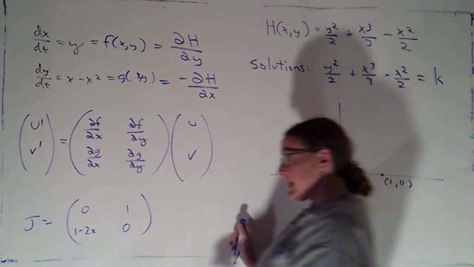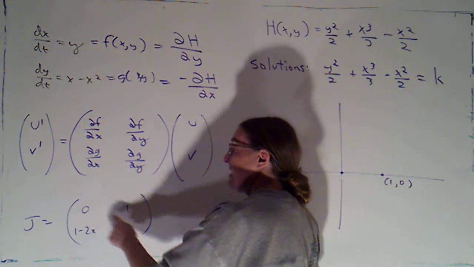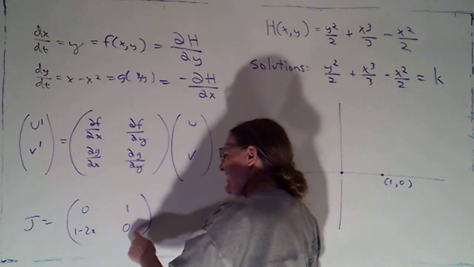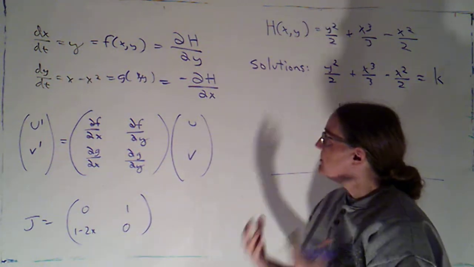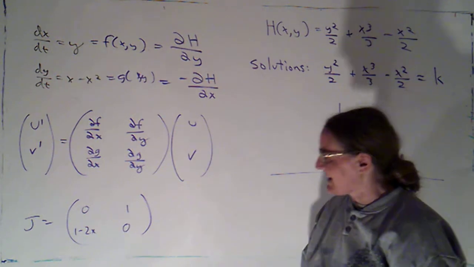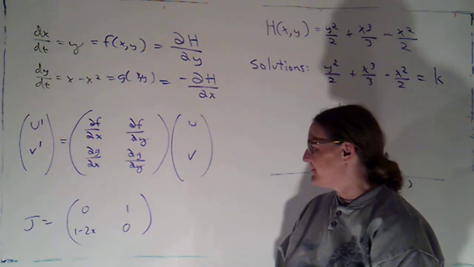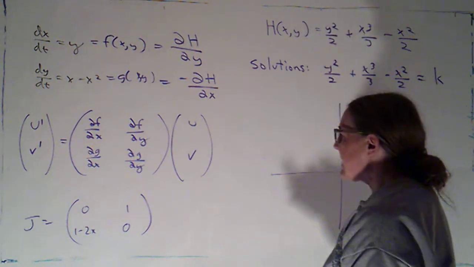And anytime we have a Hamiltonian system, these two are going to be opposites, because one of them is the mixed second partial of H, and the other one is the opposite of the mixed second partial of H. Okay, excellent.